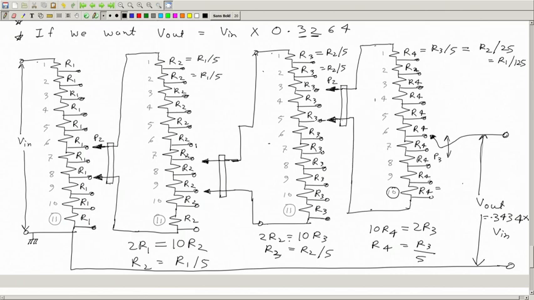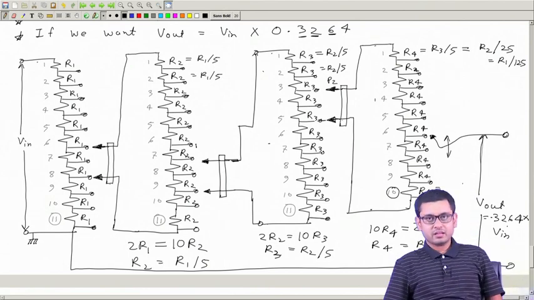So we got 0.6 done. Then 4. That means this should come after 4. 1, 2, 3, 4. Okay, it's already there. So that's great. So then we actually now have what we wanted, 0.3264 times V in. So we are done. Thank you.